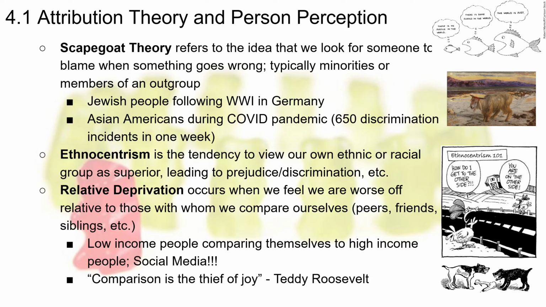And then relative deprivation. When we compare ourselves to each other, that can lead to exacerbating feelings of prejudice and stereotypes and discrimination. So if you're a poor white person that harbors some racist attitudes and beliefs, when you see a person of color on social media in a wealthy situation with money, with power, with leverage, you might then have those feelings of discrimination exacerbated, right?